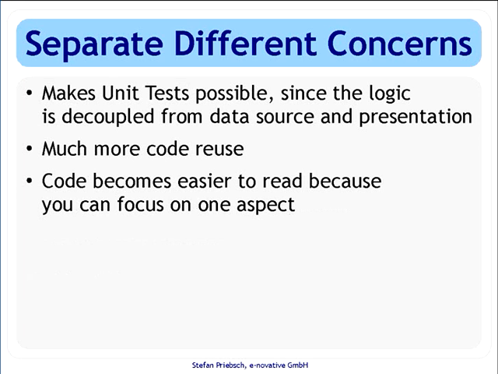Okay, if you really separate different concerns, you make unit testing possible, because your application logic suddenly becomes decoupled from the data source and from the presentation. Which means you can test the logic without worrying about the database, and without worrying about presentation, so you don't have to parse HTML tables to figure out where the correct data is.